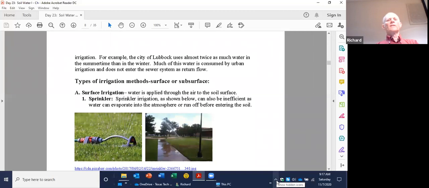For example, the city of Lubbock uses twice as much water in the summertime as it does in winter. But much of that water is consumed by irrigation and does not enter the sewer system as return flow. Return flow in Lubbock is about the same in the summer as in the winter, even though we use twice as much water in the summer, because it goes for irrigation.